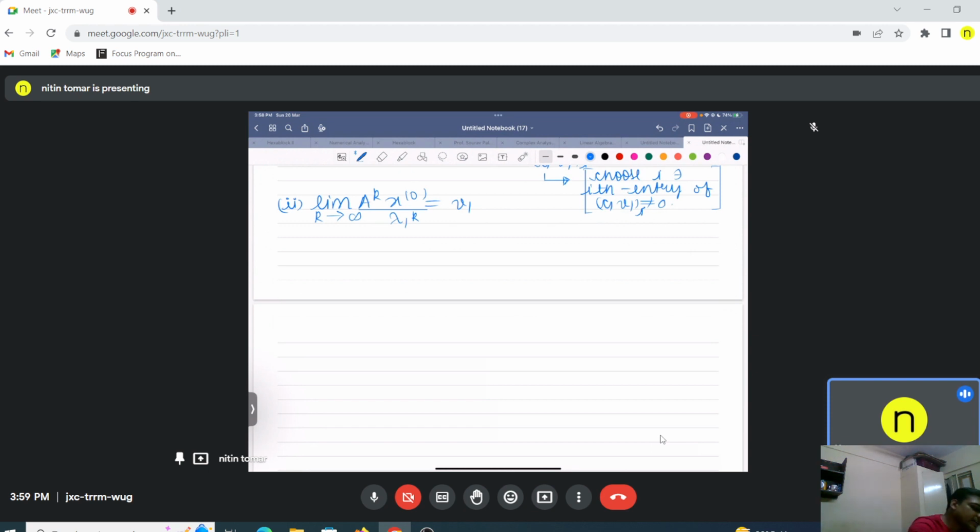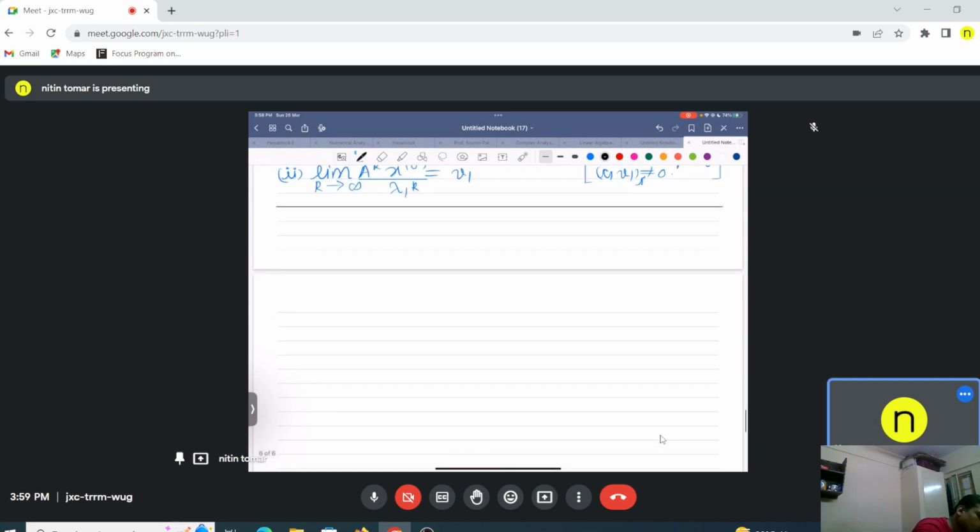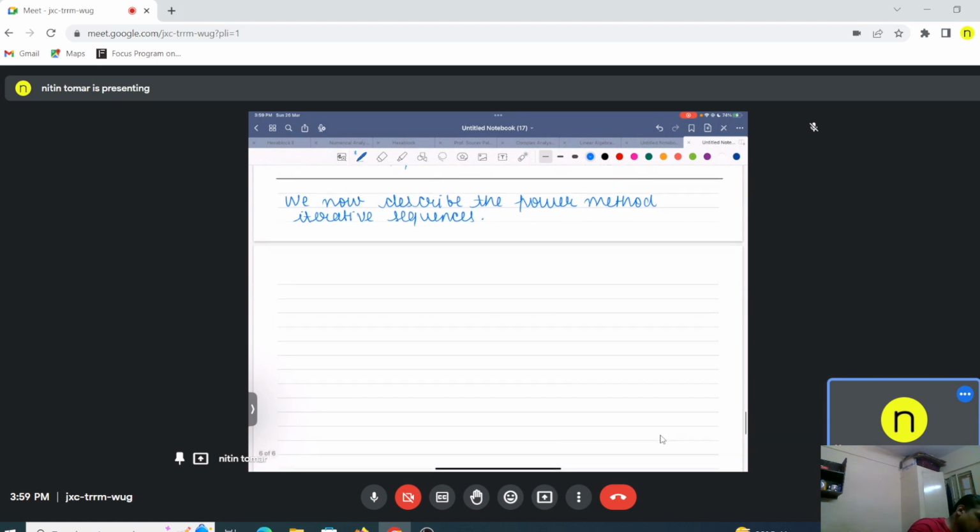So let us see the steps involved in the power method. So we now describe the power method iterative sequences. So step 1.